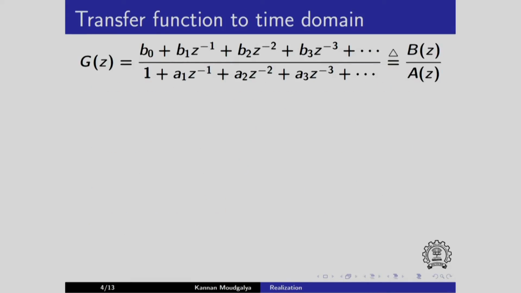So we will start with an example. G of Z is the transfer function. It is given as the ratio of two polynomials in powers of Z inverse.